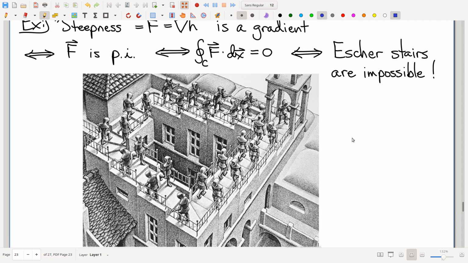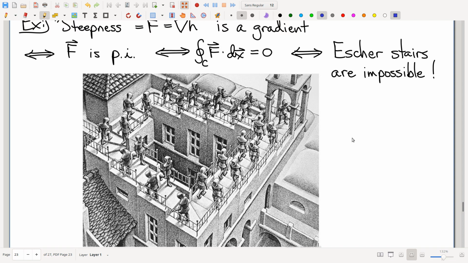That's weird, right? You think for a second, wait a minute, you can't go around in a circle going uphill the whole time. That doesn't compute. And then likewise, the people on the inside seem to be going downstairs. Again, the whole way around the loop, it just doesn't make any sense.